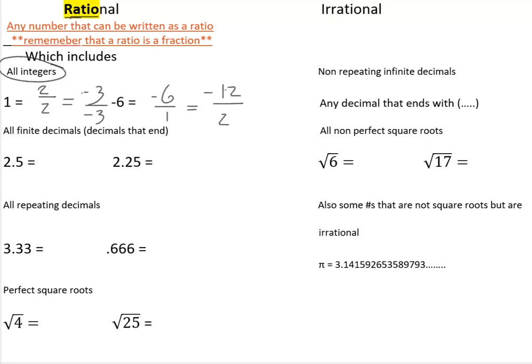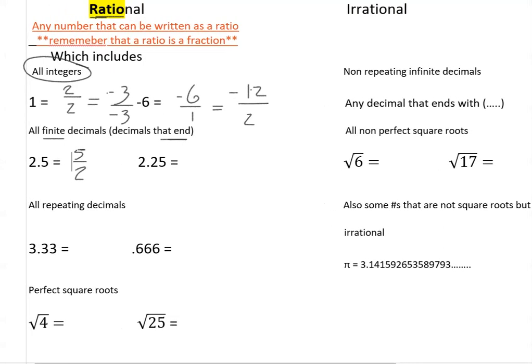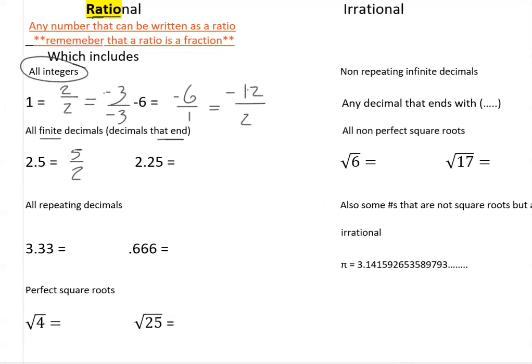Next, all finite numbers. The word finite means that it ends. So all decimals that end. So 2.5. And again, it can be written as a fraction because 5 divided by 2 is 2.5. That is a ratio, therefore that is a rational number. Okay.